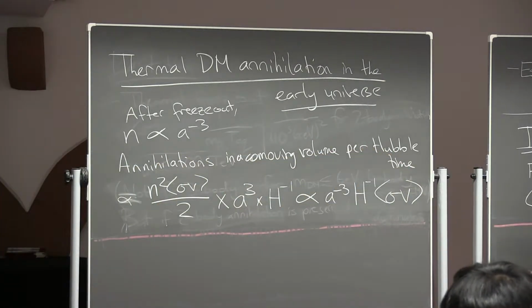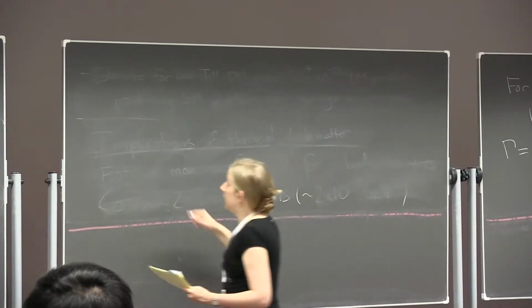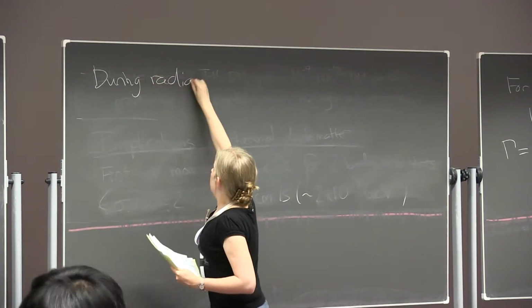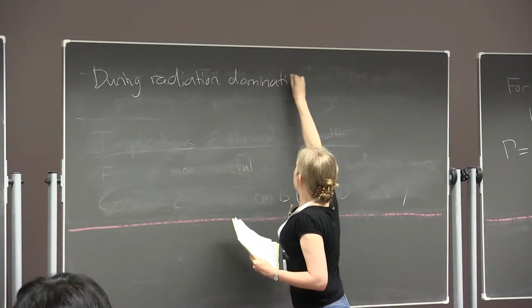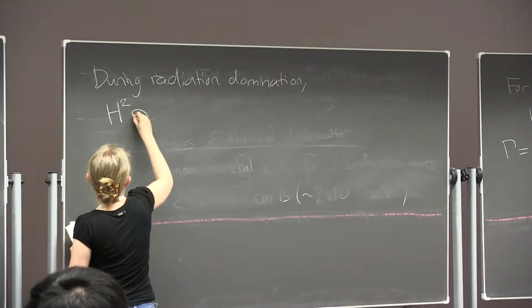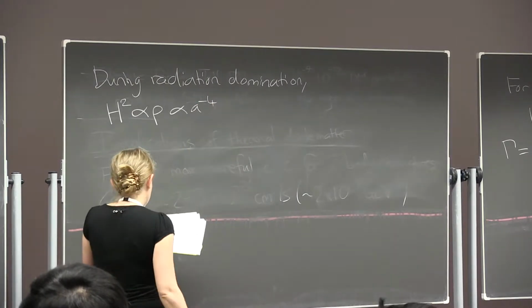Now, I'd like to know how this a evolves with respect to time, how a and H are related to each other. There are two major epochs in the early universe. During radiation domination, from the Friedmann equation, we know that H squared is proportional to rho, which scales like a to the minus 4.